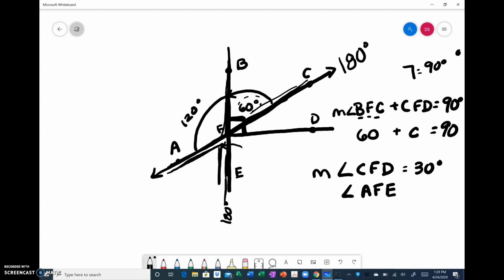Angle AFB, which we have already figured out is 120 degrees, and then angle AFE, which we're trying to solve in this problem. So again, angle AFB 120 plus something for this measure has to equal 180, and you should see that that is 60 degrees.